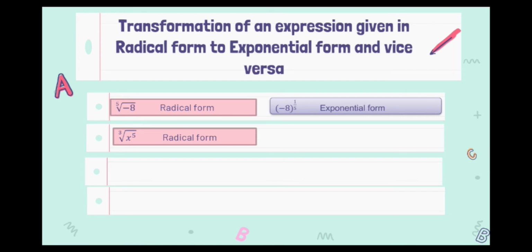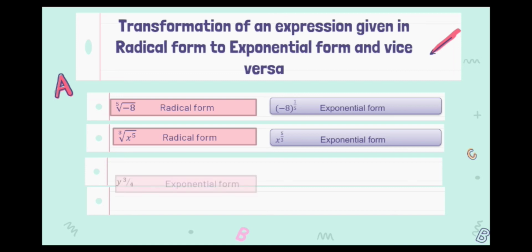It is again a radical form and its exponential form is x raised to power quotient, and in quotient we write exponent value in numerator which is 5 and the value of index in denominator which is 3 here. So x raised to power 5 by 3 is an exponential form.